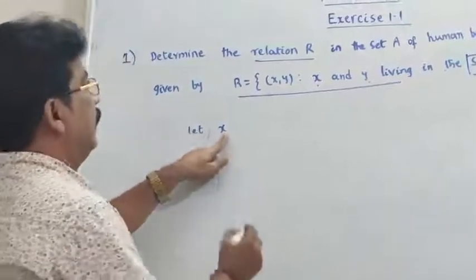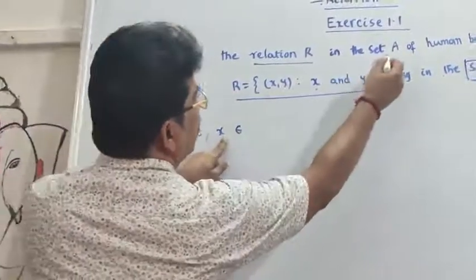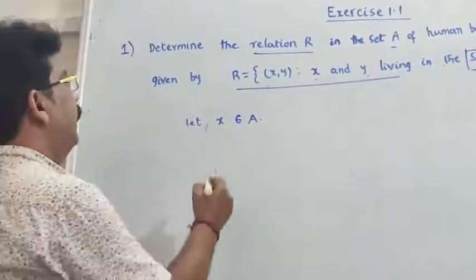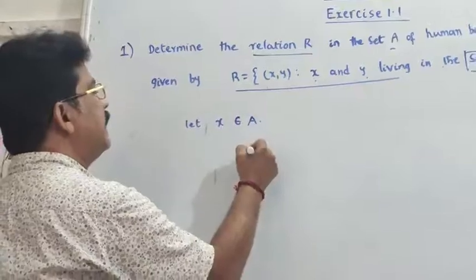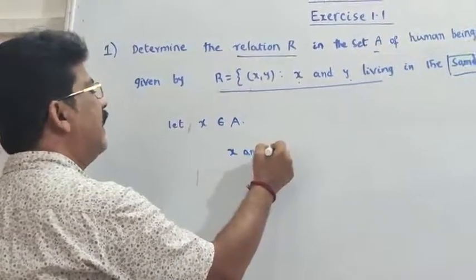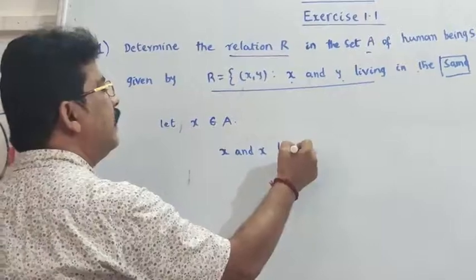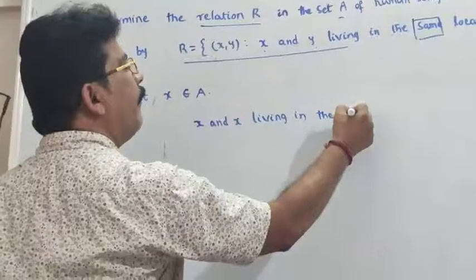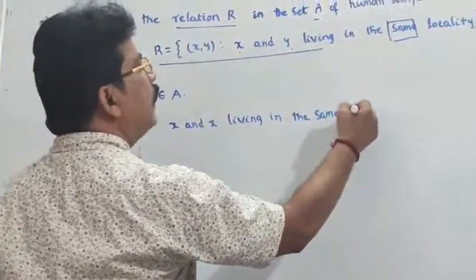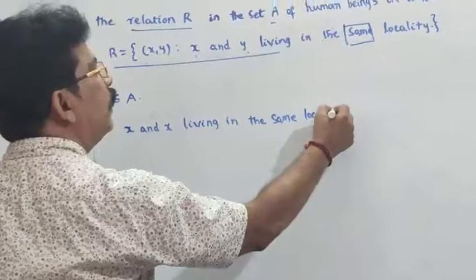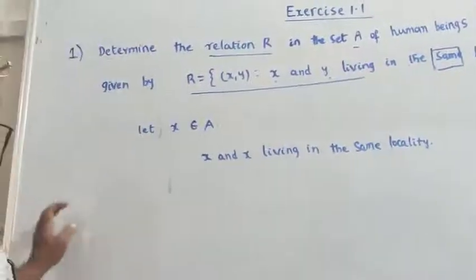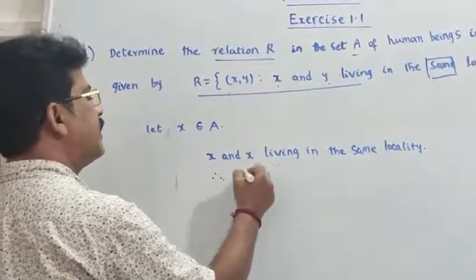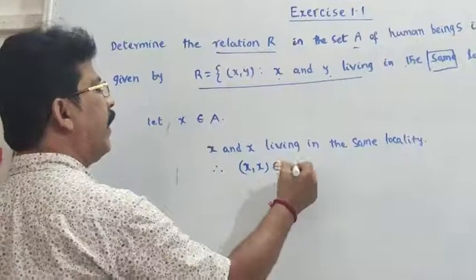X belongs to the set capital A. In capital A, one person X is there, and X and X live in the same locality. We can say like that. Therefore, X comma X belongs to capital R.